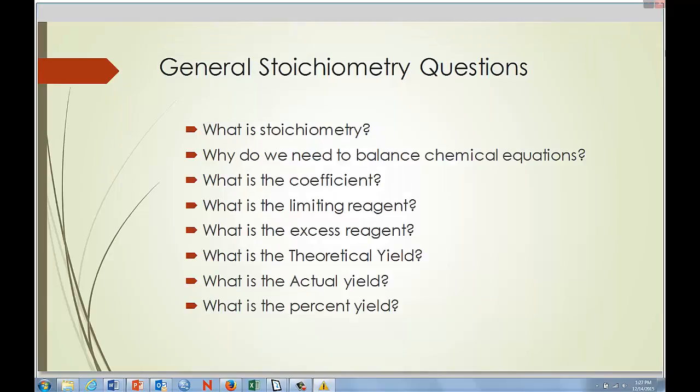So, general questions and general definitions of stoichiometry. What is stoichiometry? Stoichiometry is a way to show and use relationships in a chemical reaction. Now those relationships are shown through coefficients.